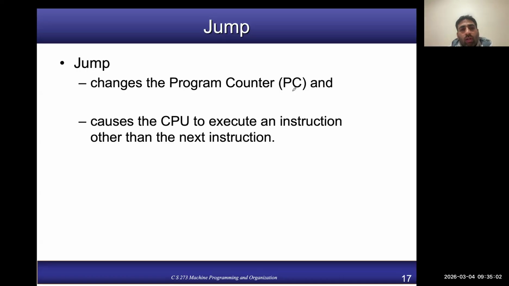So all of these jump instructions modify the content of the program counter, which means that these instructions deviate from the linear program execution because they change the value of the program counter in such a way that it points not to the next instruction in sequence but somewhere else in the program, which causes the CPU to execute an instruction other than the next instruction in the sequence.